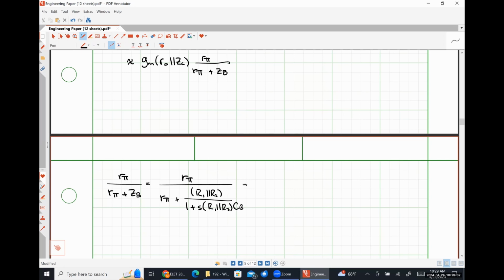So now I'm going to multiply through by 1 plus S R1 in parallel with R2 CB over 1 plus S R1 in parallel with R2 times CB.